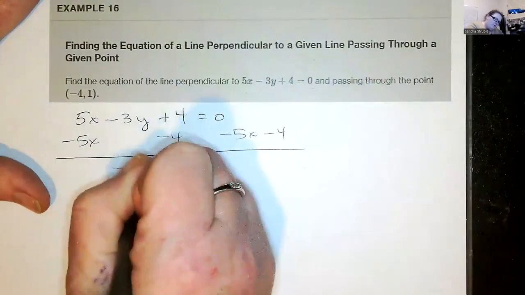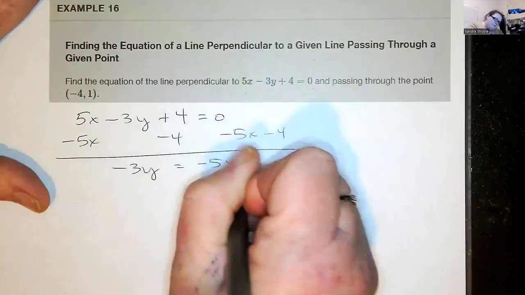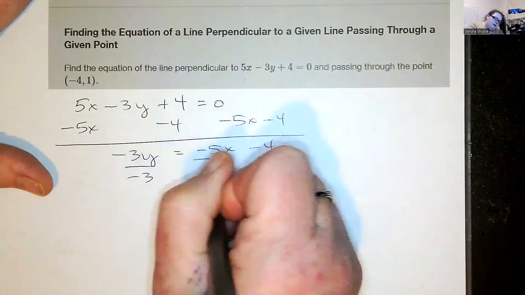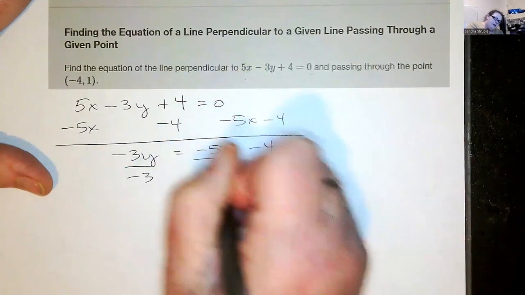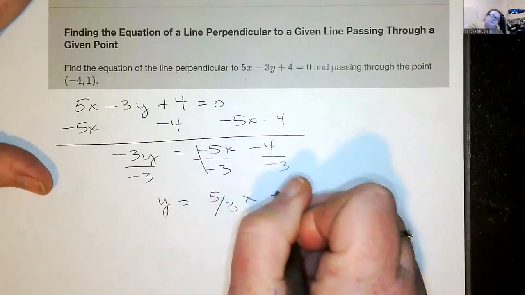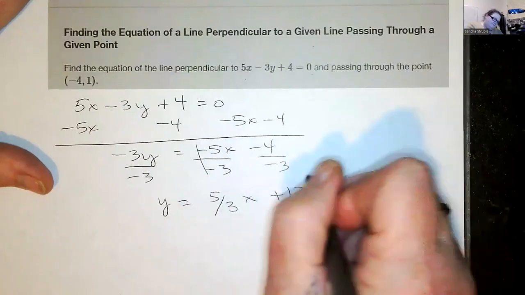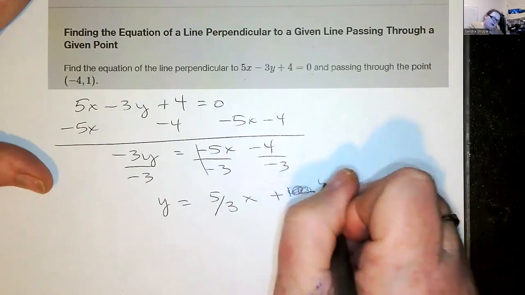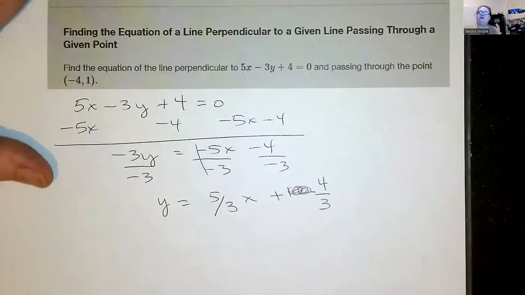And I get negative 3y is equal to negative 5x minus 4. Divide everything by negative 3. And I get y is equal to 5/3 x plus 4/3. Gosh, I think I need to go to bed.